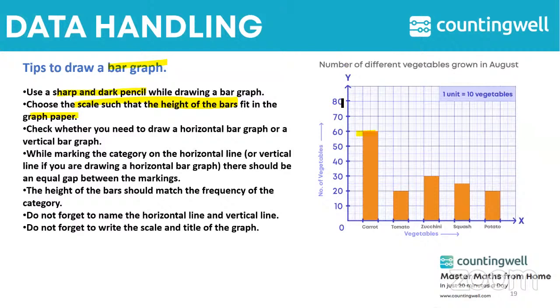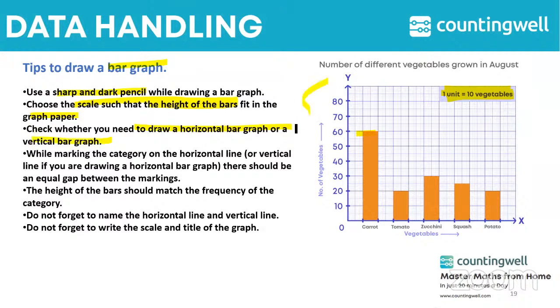So that will go beyond your graph paper. Or if you take 1 unit equals to 5 vegetables, then there should be 15 markings on your y-axis. That's why it is very important to choose the scale suitably and correctly. Check whether you need to draw a horizontal bar graph or a vertical bar graph.